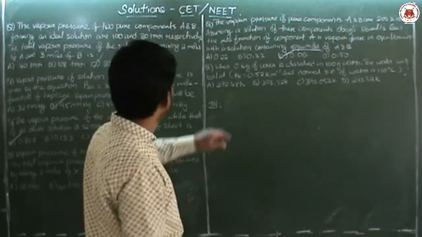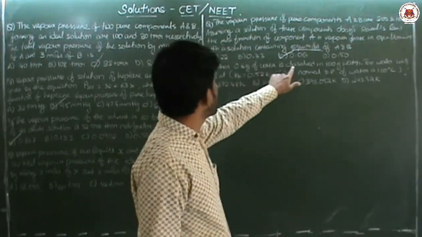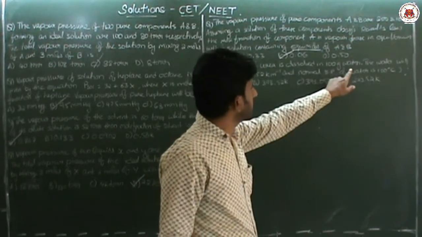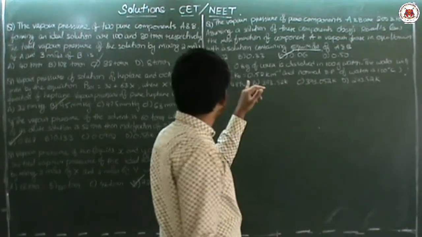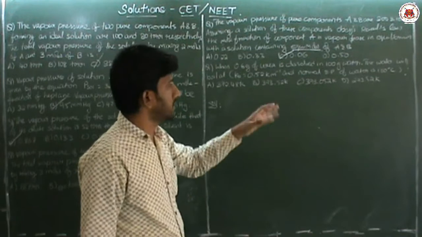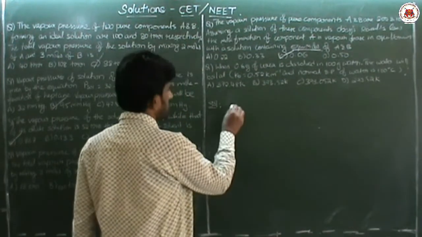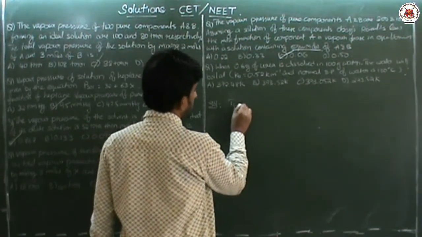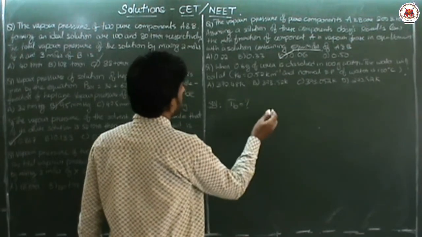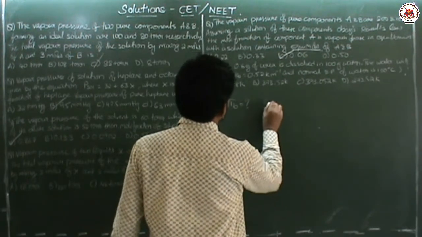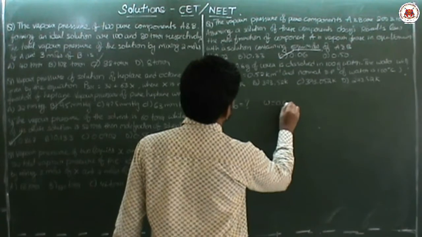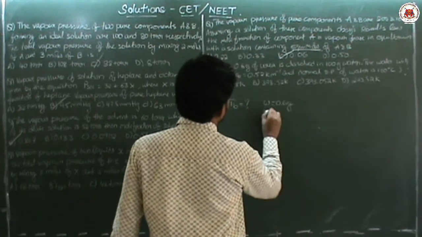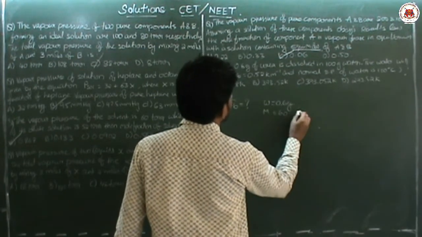Next question is, when 0.6 grams of urea is dissolved in 100 grams of water, at which temperature will the water boil? What they are asking is the Tb value. Weight of urea is 0.6 grams. Molecular weight of urea is 60, you know.